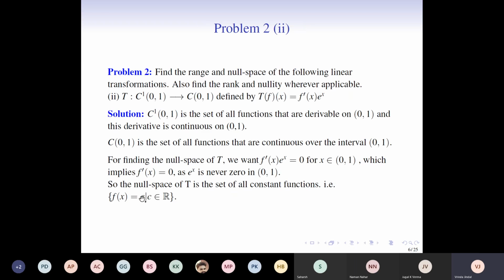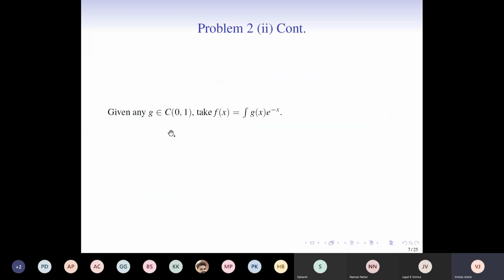Similarly, now we go to finding the range of this transformation. How do we go about this? Let's take any continuous function g, g belonging to C of 0, 1, meaning that g is continuous over 0, 1. So if we take f of x as the integration of g of x into e power minus x, what do we see?